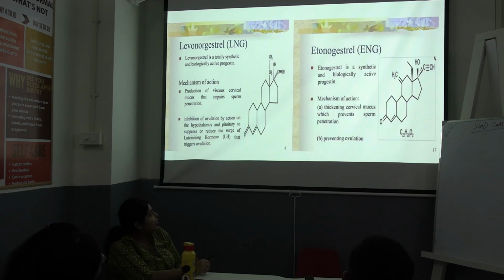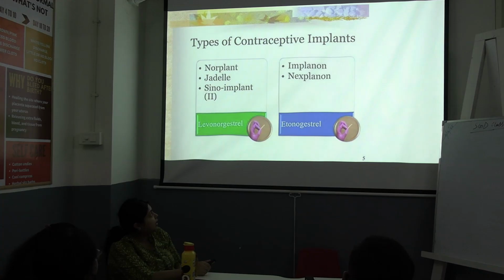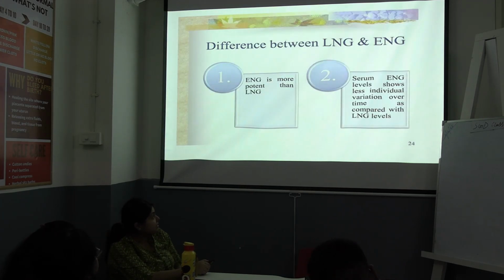So when asked why Implanon or Nexplanon, it is because they contain etonorgestrel, which is more potent than LNG and shows less individual variation over time.